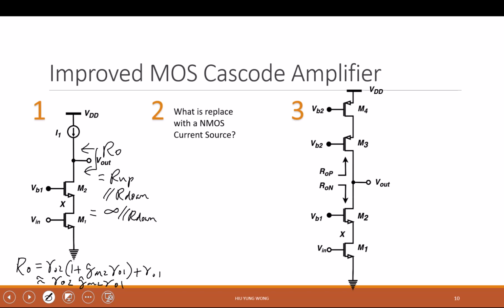So good, because Rup is infinity, I basically get a very high gain, right? But what if now I want to really implement this circuit? There's no real ideal current source, right? That is just pen and paper. In reality, how about I implement the current source by using this?